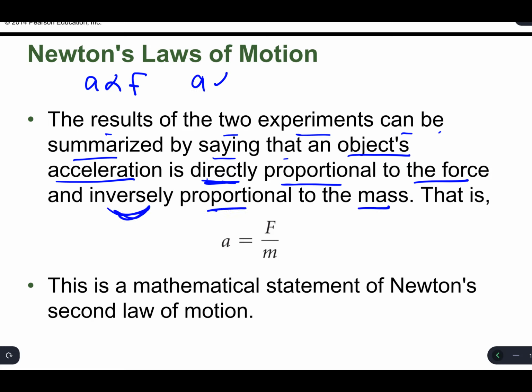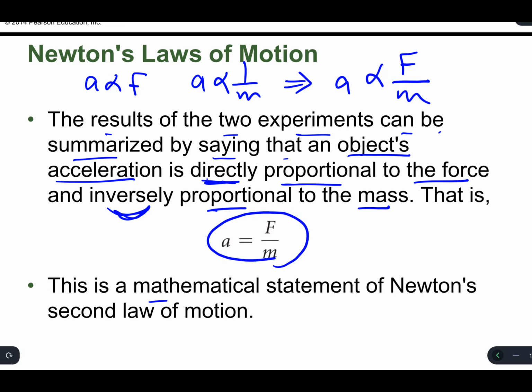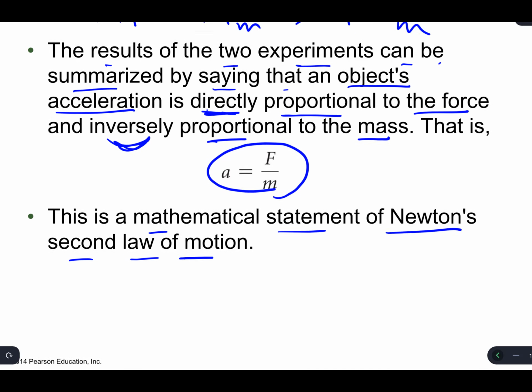So A is inversely proportional to M. From both, A is directly proportional to F and inversely proportional to M. This is the mathematical statement of Newton's second law of motion.